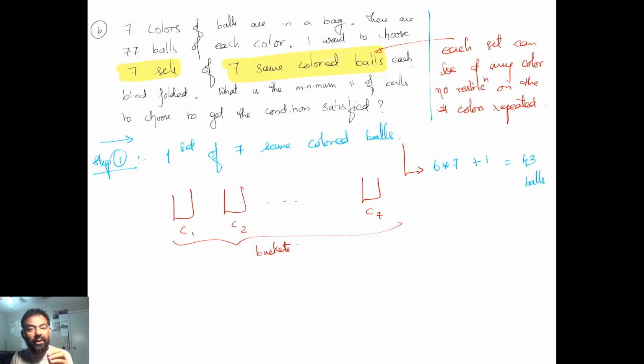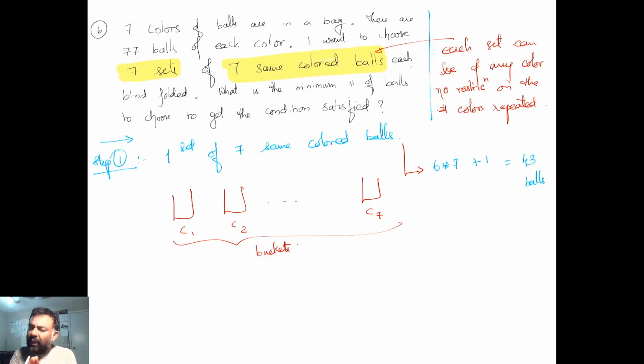What it tells you here is the first set of 43 balls is necessary to find the first set of 7 balls of the same color. It could have happened before, it doesn't matter to me. But at the end of 43 balls, there is at least one color which has 7 or more balls.